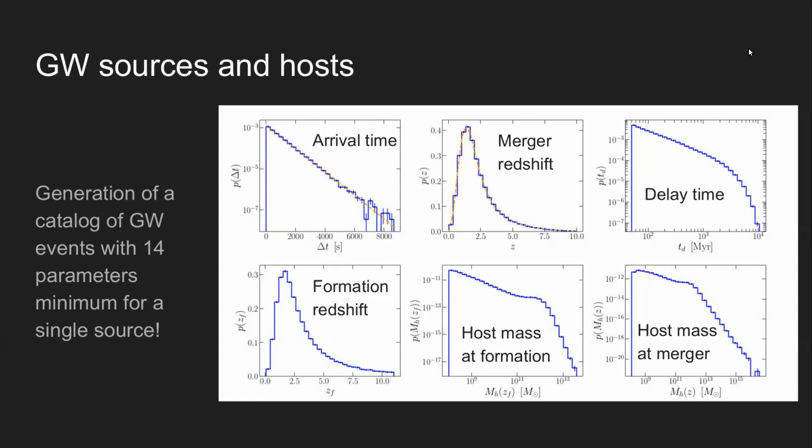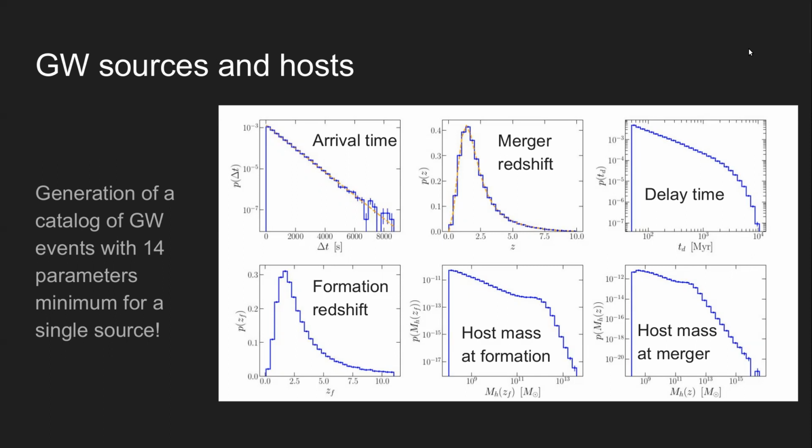And the answer is, with the minimal model you can think of, you already have 14 parameters. So to describe your gravitational wave event in its completeness, you need 14 numbers. And each one of these numbers is going to be drawn from a PDF, basically. And that PDF sometimes is nice, and sometimes it isn't.